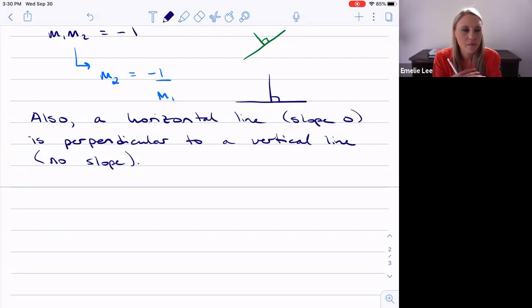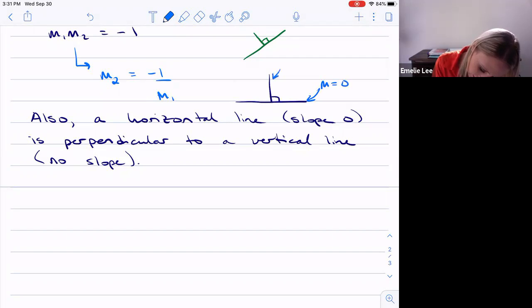Okay. So, any questions about that? Slope 0 does not equal no slope, correct. So a slope of 0 means like this. So here, for this one, m is 0, and this one has no slope.